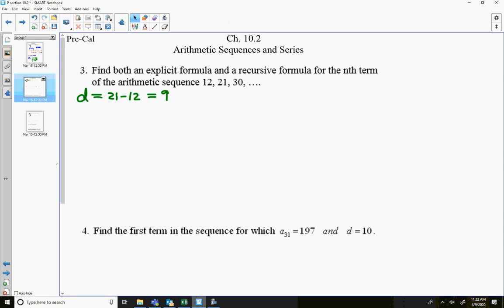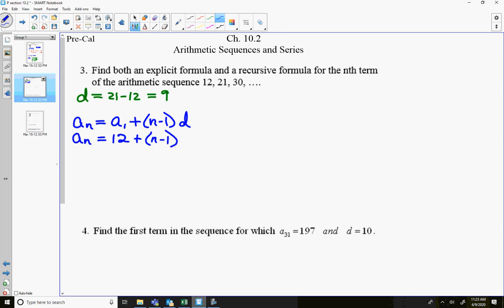Now, based on the formula we were just talking about, the nth term of an arithmetic sequence, we get this formula. Knowing that our first term was 12, and our common difference is 9, we clean up the algebra here.